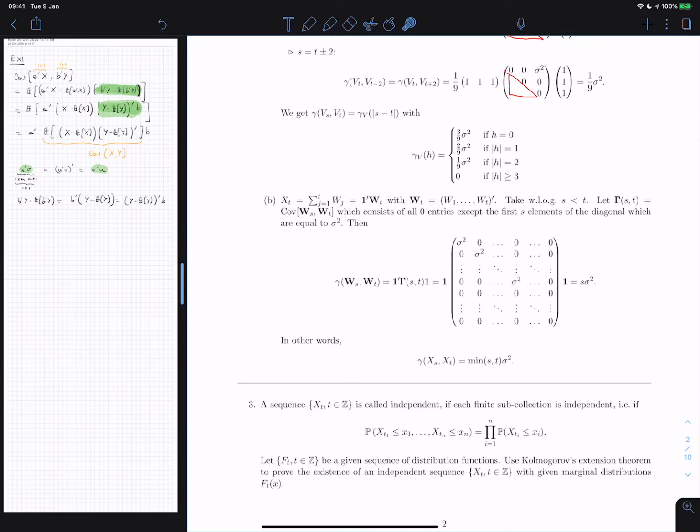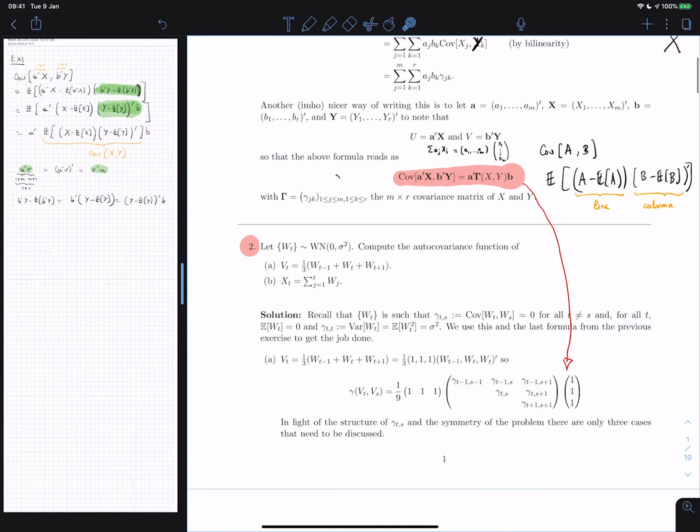And then the next question. Now we have to take a linear combination. We have to look at the autocovariance of a weighted average of the past t guys. Here I will again use the same formula, this one here.